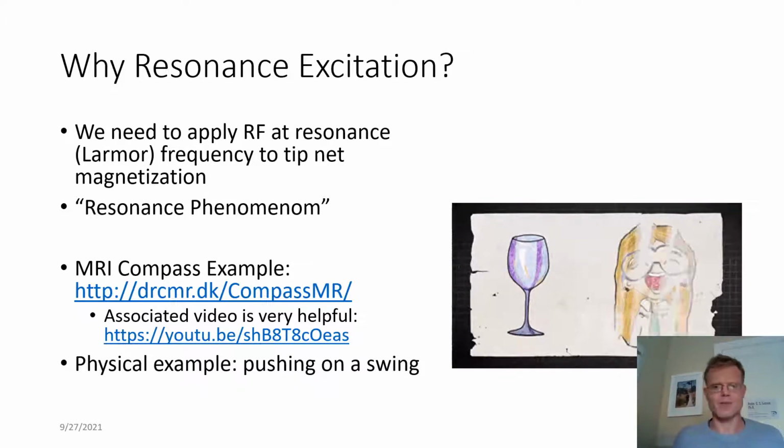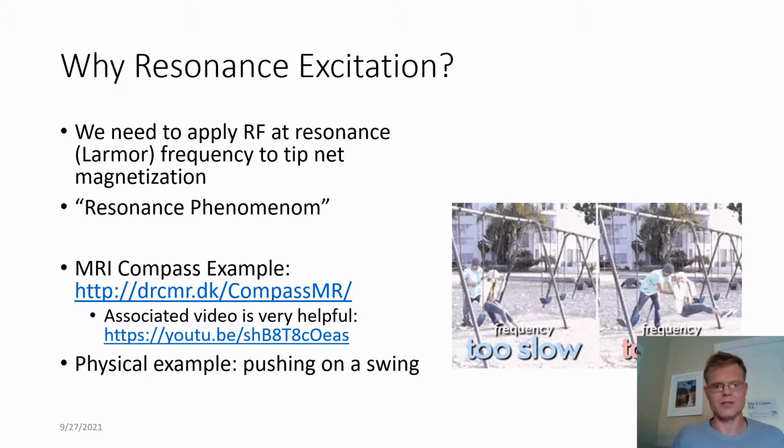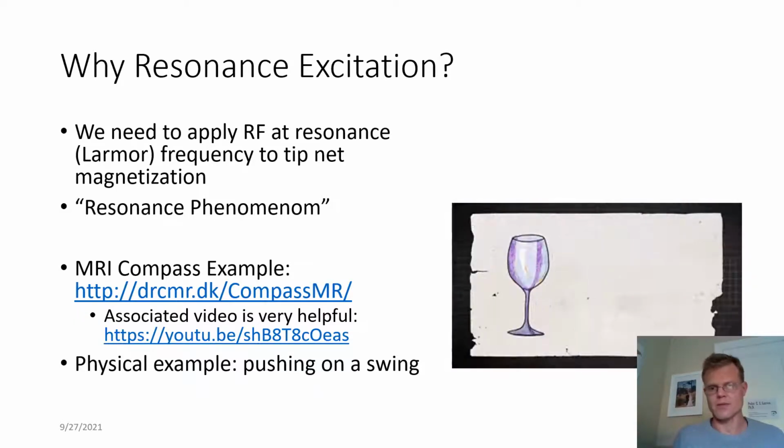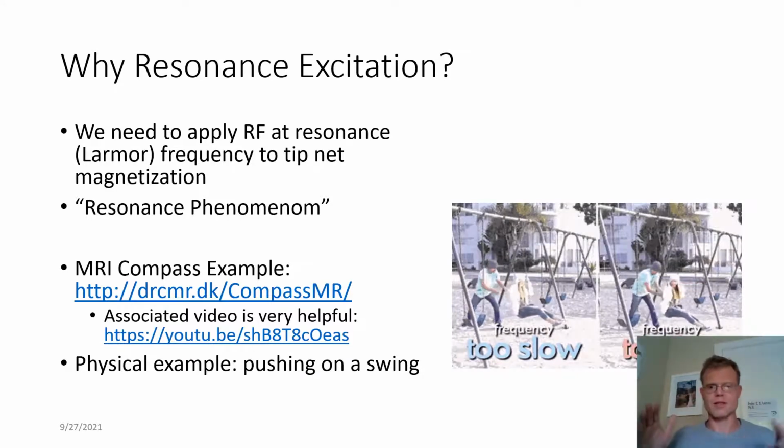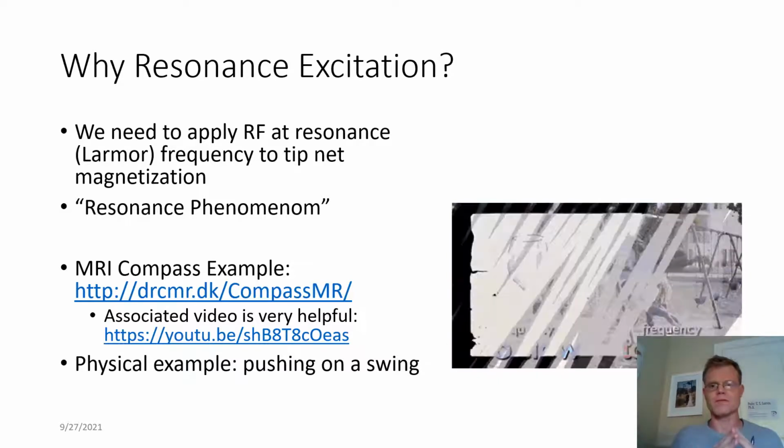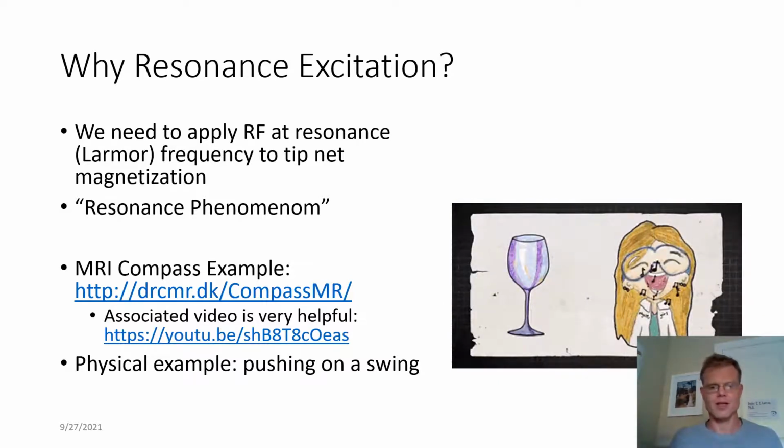So a simple example, maybe the best I could find, was this kind of silly cartoon here. It's going on a swing, where you want to push or pump your legs at the resonance frequency of the swing itself, and that'll actually have you go higher and higher on the swing.